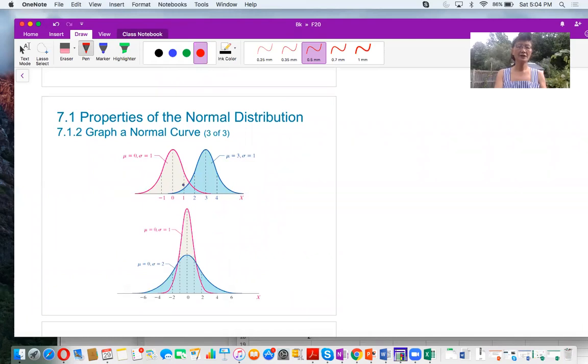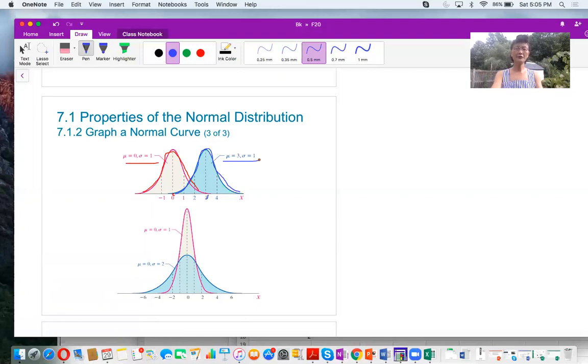This graph shows when you have the same standard deviation but different population means. The red graph shows population mean mu equal to 0, standard deviation is 1. And this blue graph shows mean is 3, standard deviation is 1.